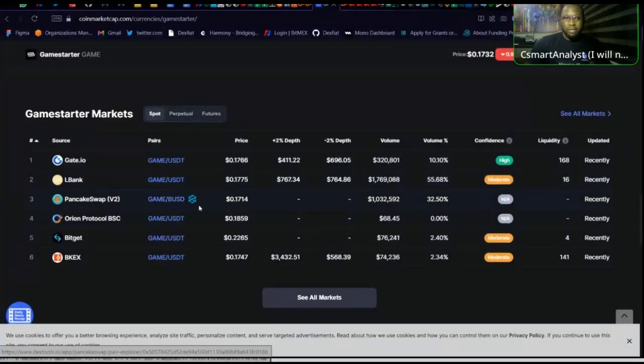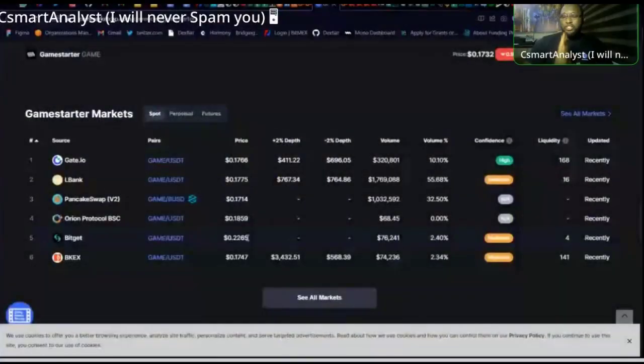So let's say you put $1,000 on BUSD, GameStar on PancakeSwap, and you move it to BitGet to sell there, you're actually going to be making close to about 7% because of the price margin.